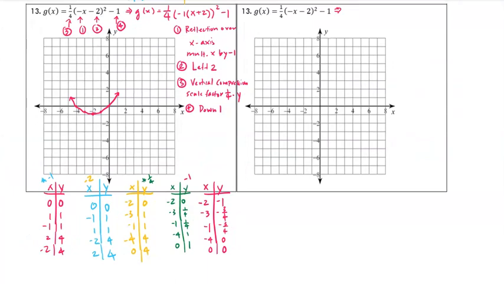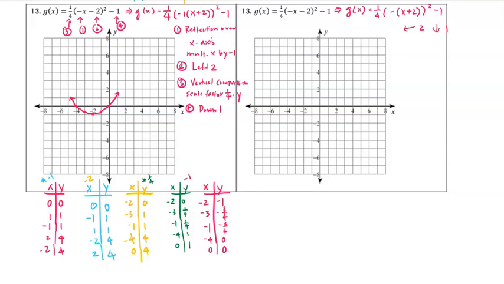The very straightforward, simplified way of graphing it: 1/4, let's go ahead and factor that out. x plus 2 squared minus 1. So we know it goes left 2 and down 1.